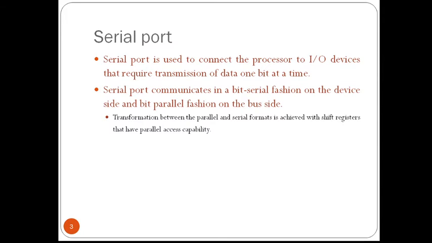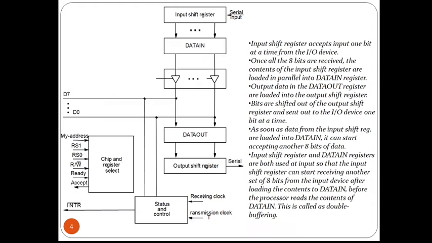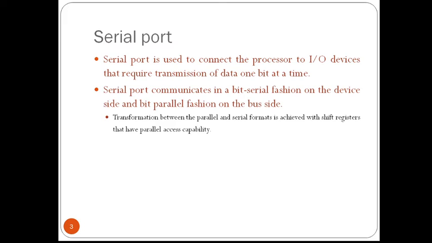So the key feature of the interface circuit for the serial port is that it is capable of communicating in bit serial fashion on the device side and in bit parallel fashion on the bus side. The transformation between parallel and serial formats is achieved with shift registers that have parallel access capability. As I told, it is serial from the device side, but when it comes to the bus, it becomes parallel.